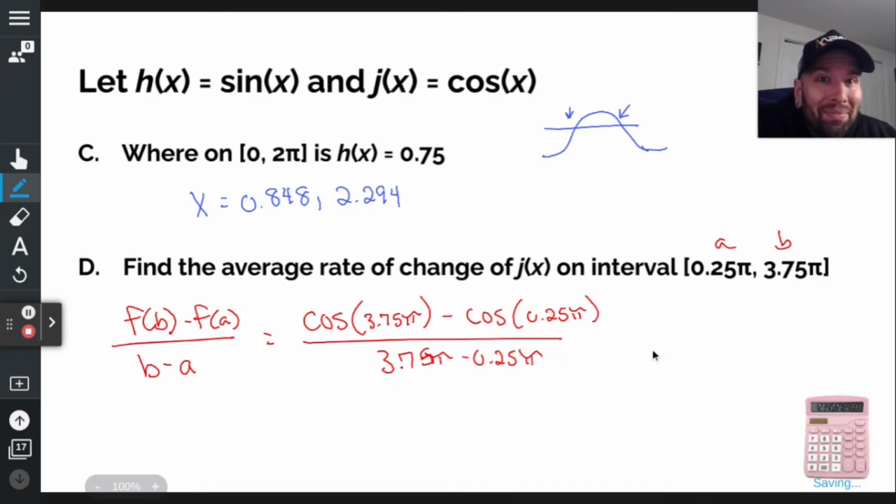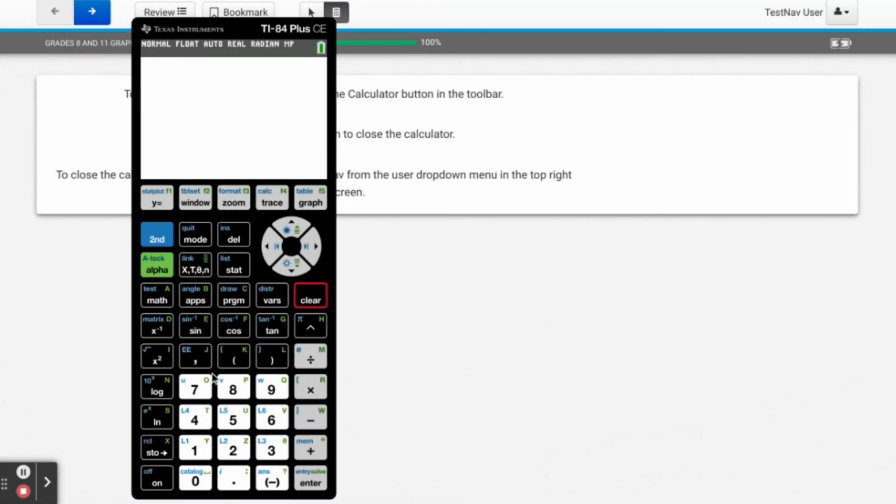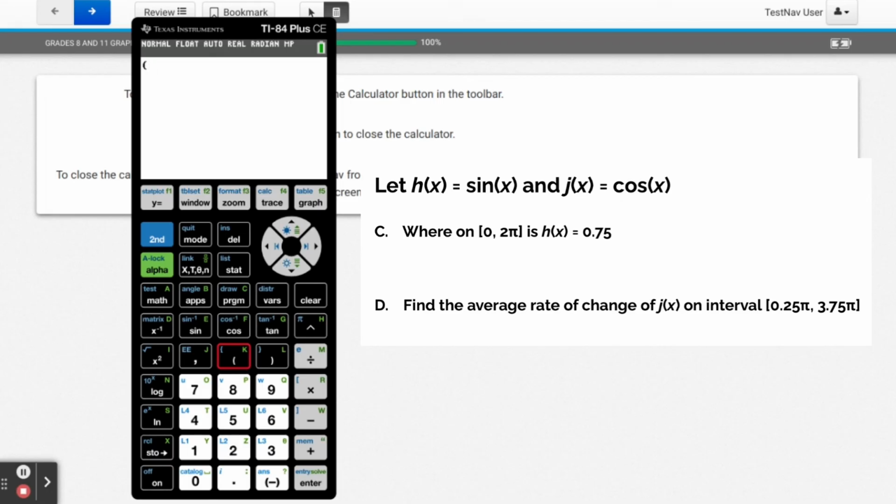Or are we? All right, so this is how I'm going to handle this one. I'm just going to type this all in one fell swoop that you saw me write down a minute ago. Cosine and parentheses, of course. Don't forget your parentheses when you have a numerator. 3.75 pi. Pi is second caret thingy. Close the parentheses. Minus cosine again of 0.25 pi.